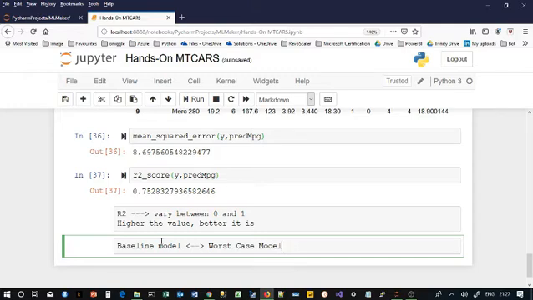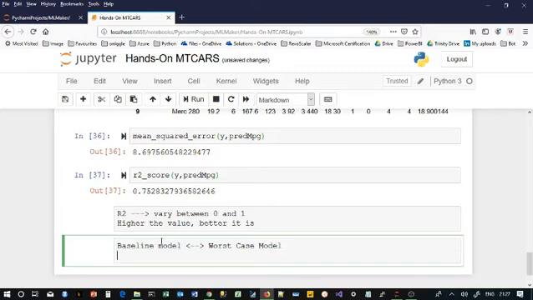Can I improve over the baseline model? Absolutely yes. Now R square is an indication of how good the improvement is over the baseline.